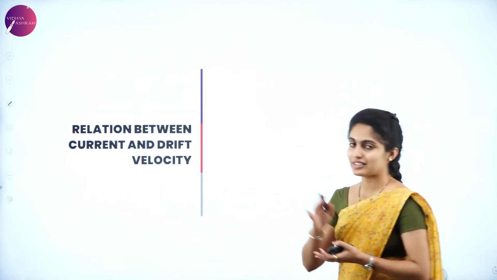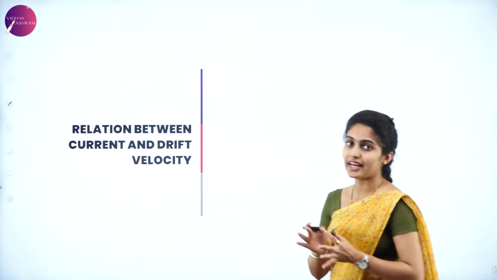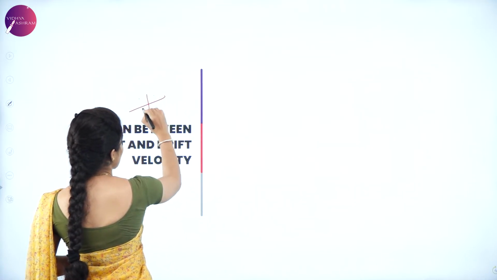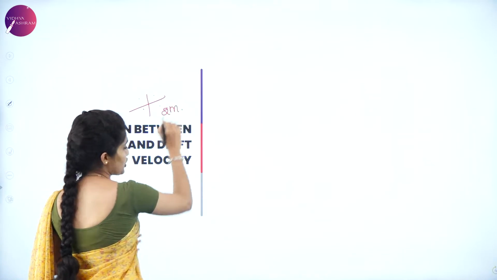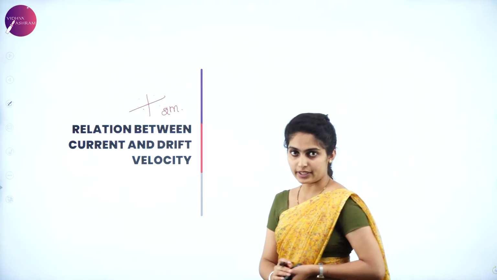Coming to the next concept. So let us check what our next concept is. That is the relation between current and drift velocity, which is very, very important, and it is a 2 marks question. It is the relationship between current and drift velocity.